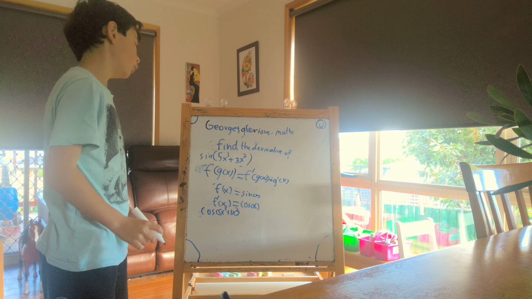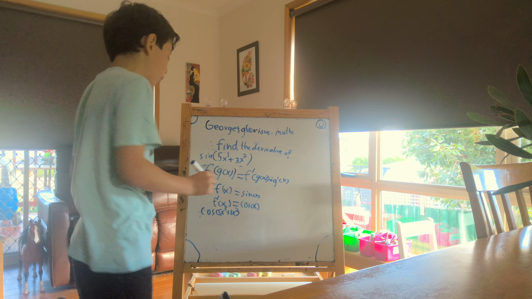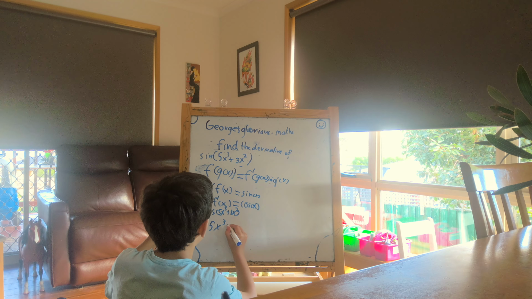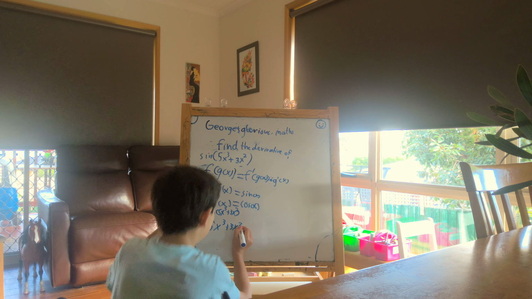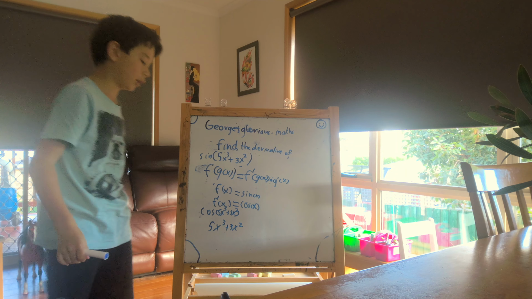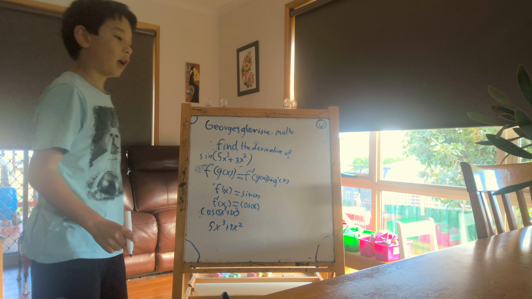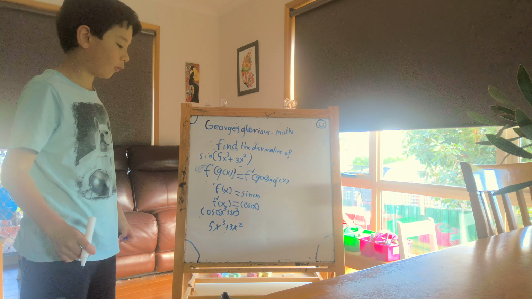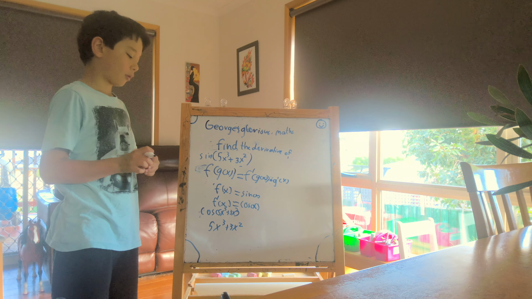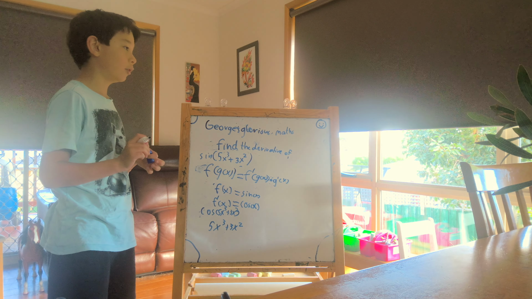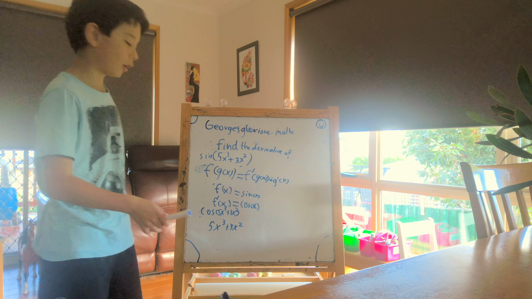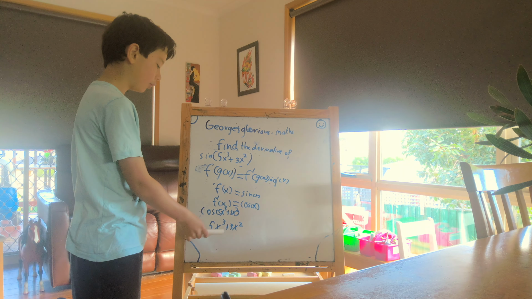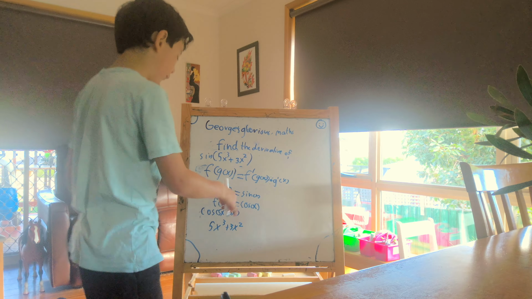Now that's this term, 5x cubed plus 3x squared. And if we want to find the derivative of that, we can take the derivative of both terms like this.